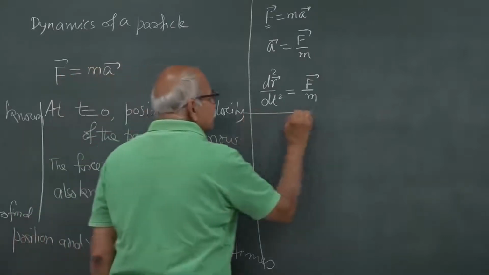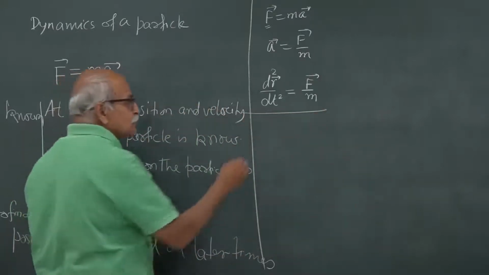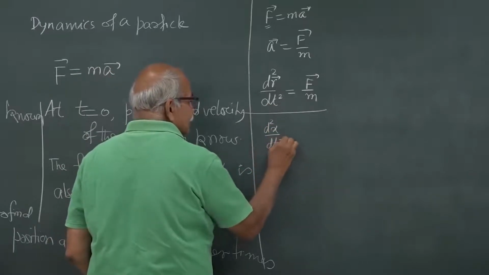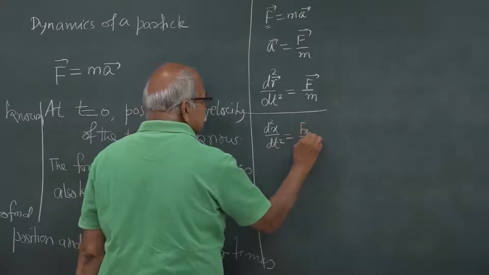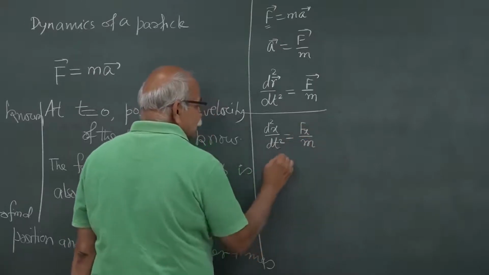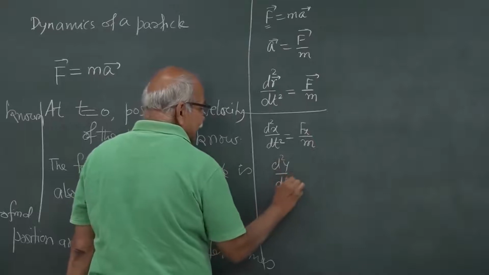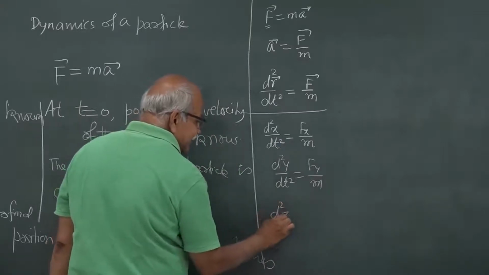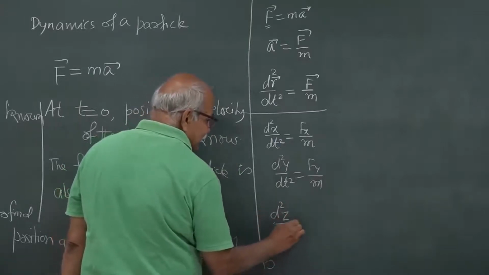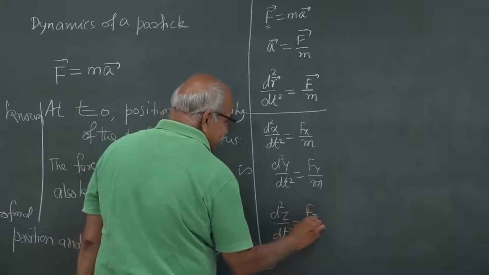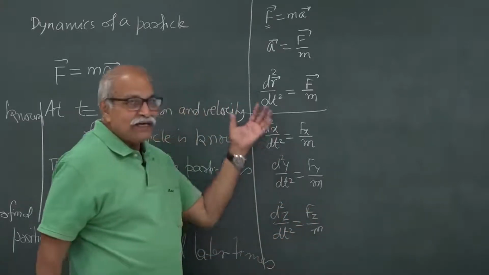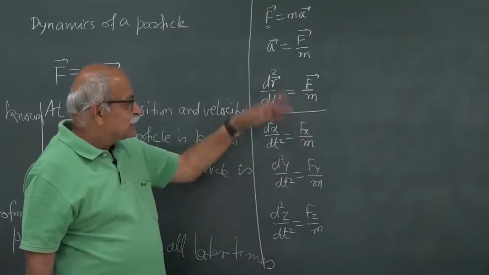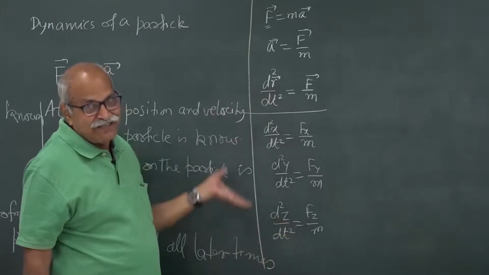If you write in the Cartesian component form, you have three equations: d2x/dt2 is equal to Fx by m, d2y/dt2 is Fy by m, and d2z/dt2 is equal to Fz by m. You can also use coordinate systems other than Cartesian, then the equations will be different, but you will have three equations.